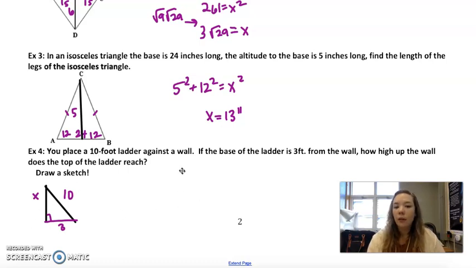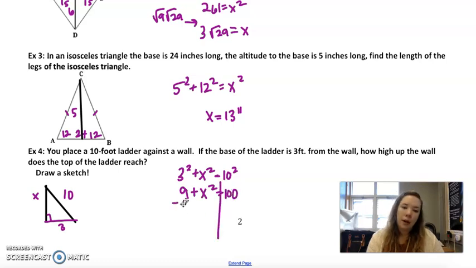So it looks like I'm looking for a leg, but I have one leg that's 3 and a hypotenuse of 10. So that'd be 9 and 100. Subtract 9 from both sides. So that's 91. And it looks like there's no perfect squares that come out of 91. So we'll just leave it as x equals root 91.